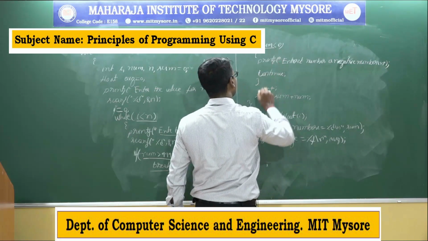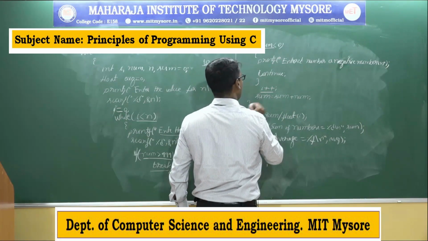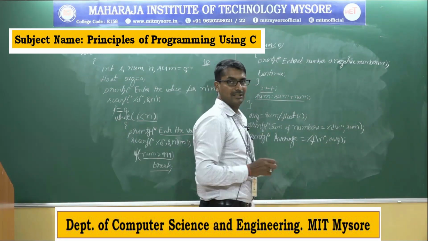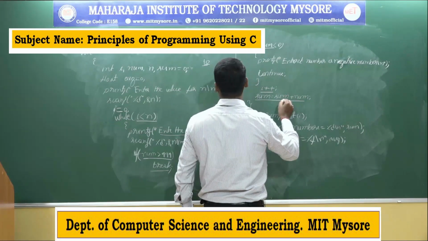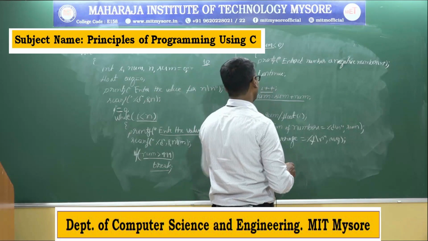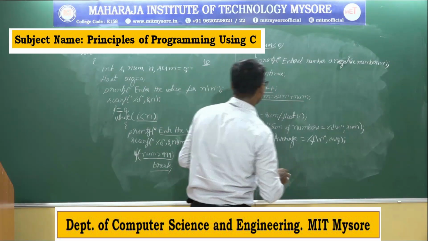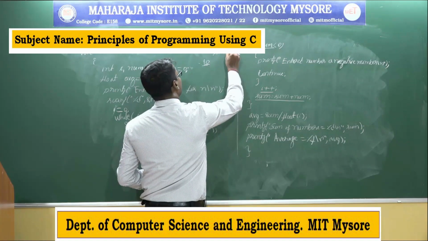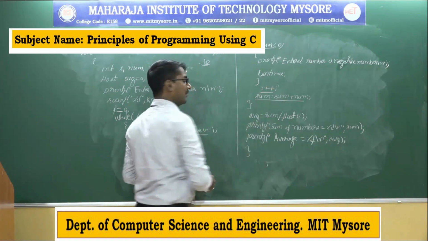This condition is false, so it will increment the I value, then perform sum is equal to sum plus num. Initially sum is 0, so 0 plus num, which is 10, gives 10. Now the sum value is 10 and I value is incremented by 1.